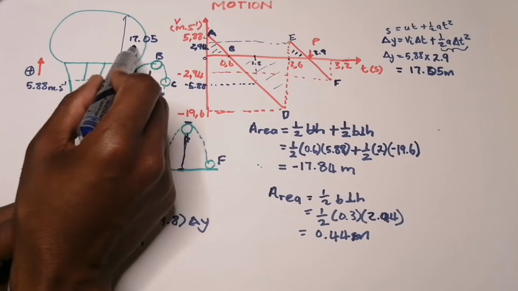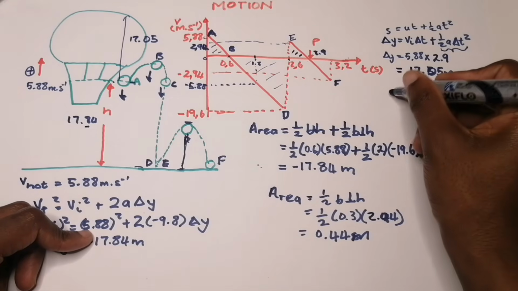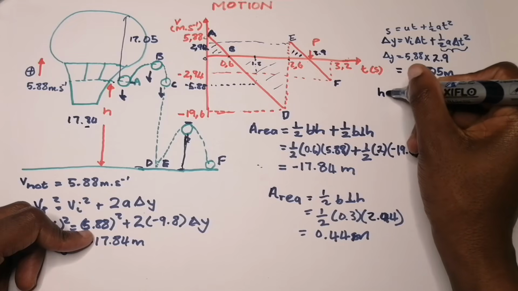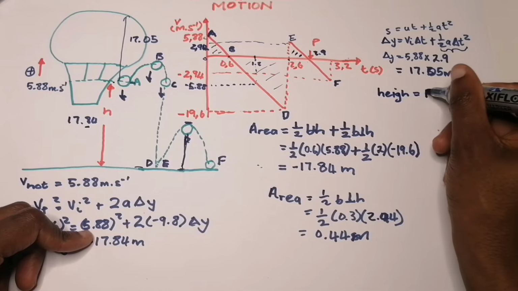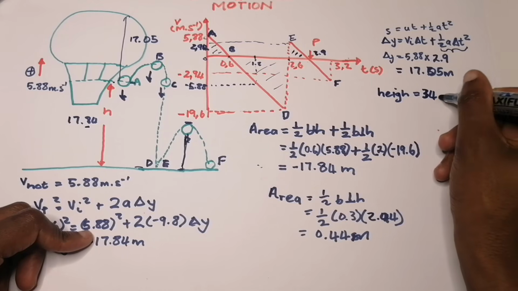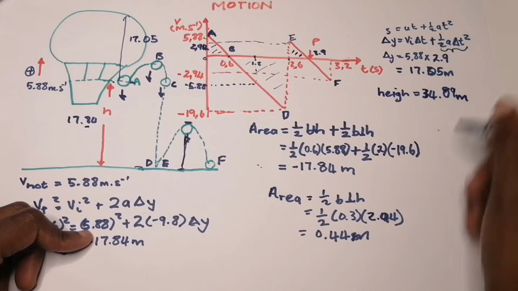It is actually 17.05 plus that 17.84 meters above the ground. So that's 34.89. It means the hot air balloon has reached a height of 34.89, sorry about that, meters.